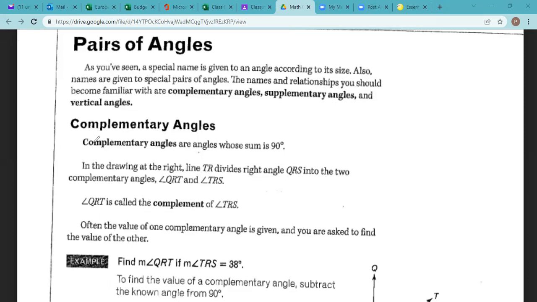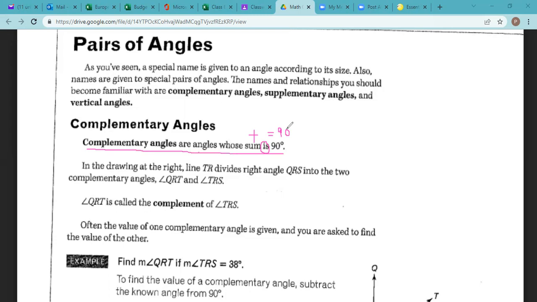So complementary angles are angles whose sum is 90 degrees. And by sum, I mean to add. So you're going to be adding one angle to another angle, and its sum is equal to 90 degrees. Typically when we see that word, it means equal.